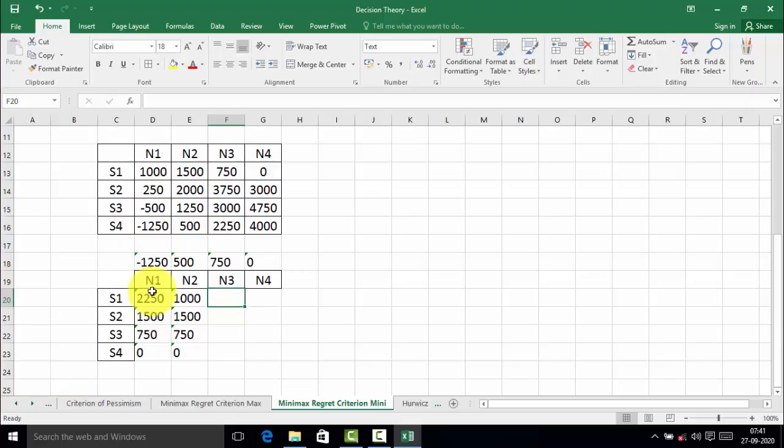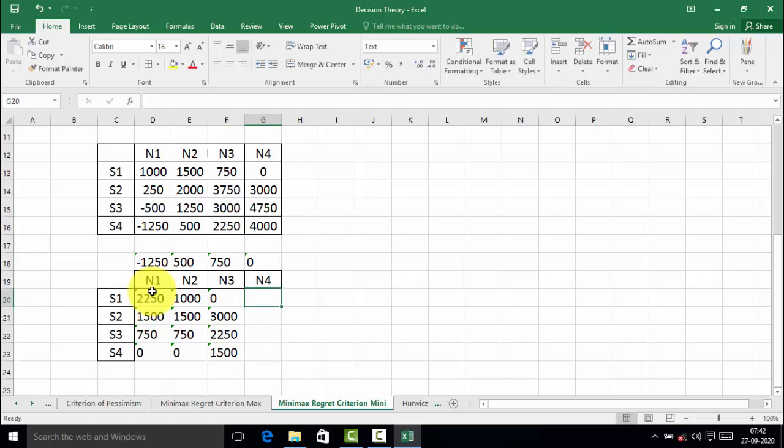Now N3, the third column, third event. 750 minus 750 is 0. 3750 minus 750 is 3000. 3000 minus 750 is 2250. 2250 minus 750 is 1500.